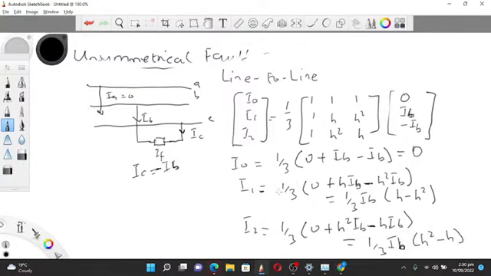We have our expressions for I0, I1, and I2. From here, if we look at I1 and I2 very carefully, you see that I2 is equal to negative I1, or I2 plus I1 equals 0. Very simple deduction you can get from here.